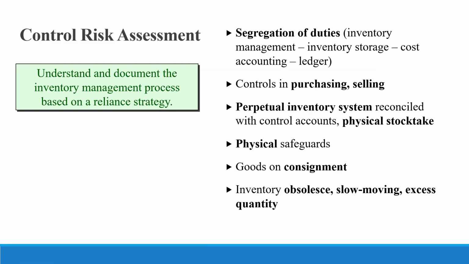So goods on consignment should also be considered for inventory control. In terms of inventory valuation, obsolescence, slow-moving, and not marketable inventories are also relevant to inventory control, because it finally relates to how management accounts for the value of those inventories.